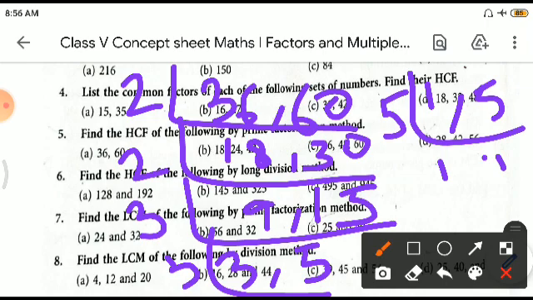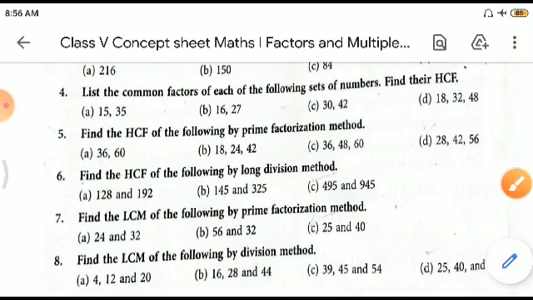Yes, children, you will find it is 12, which is common in both of them, and that will be the HCF. That will be the highest common factor because 12 divides 36 and 12 divides 60 also. Okay, so you need to follow a strategy for this and then do it.